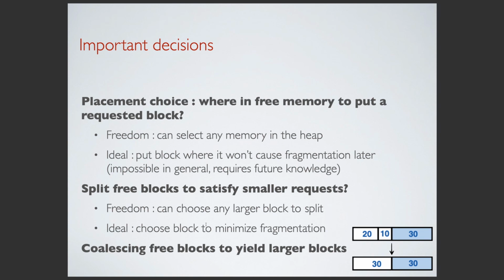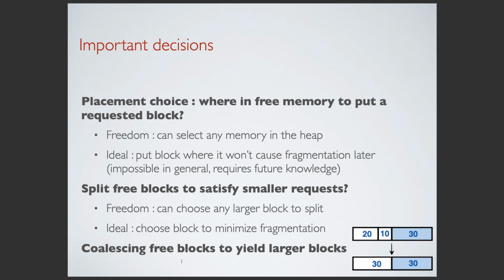What we want is to put it somewhere where it's going to minimize fragmentation. Also, you might have a large block of memory that you want to split into several small blocks and allocate those. Ideally, you don't do that with just any block. You want to do it in such a way that you minimize fragmentation.